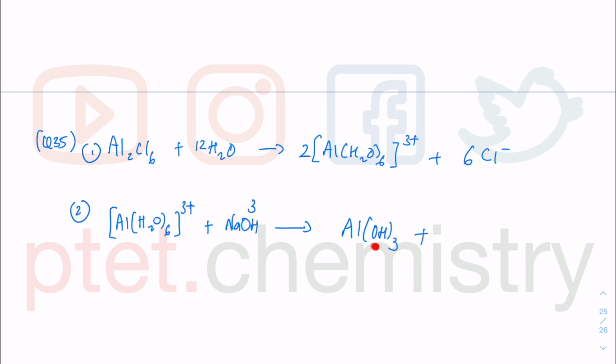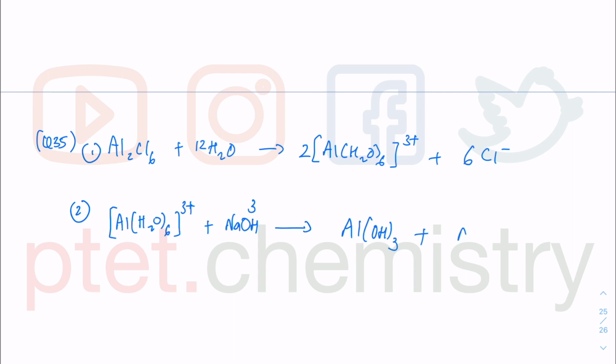You learn this from your IGCSE or O-level qualitative analysis table, which is also something you're supposed to know in your theory paper, as well as now in your AS level and A-level chemistry, because you don't get that table of qualitative analysis results in any other theory paper. So the 3 hydroxide goes there to give you this precipitate in this classic precipitation reaction.